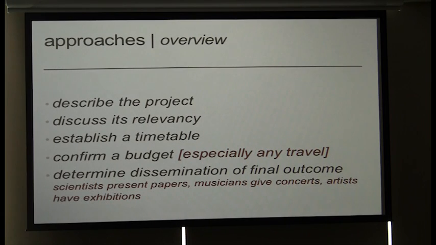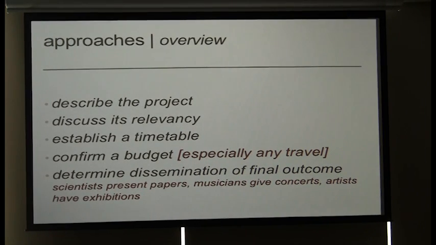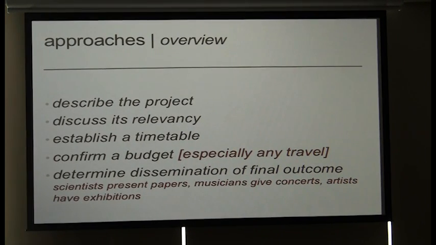All right, so those are just some big general ideas in terms of how you should shift your thinking when you approach it if you're in the arts or if you're an artist writing for a grant. General overviews. You still have to describe your project. You want to discuss its relevancy, and of course, all art is relevant.